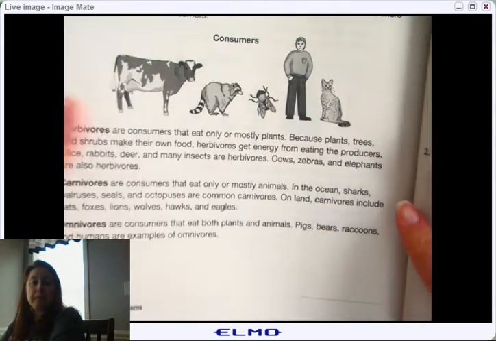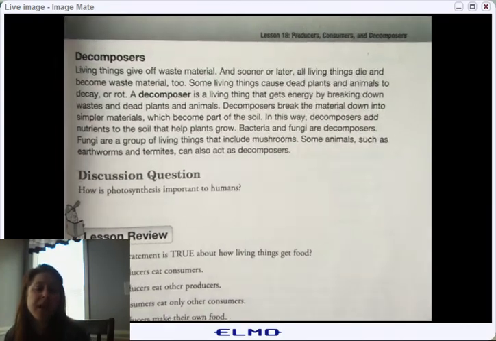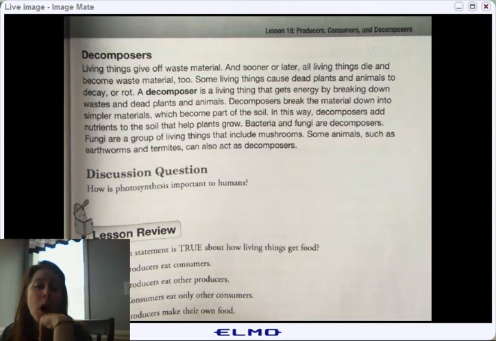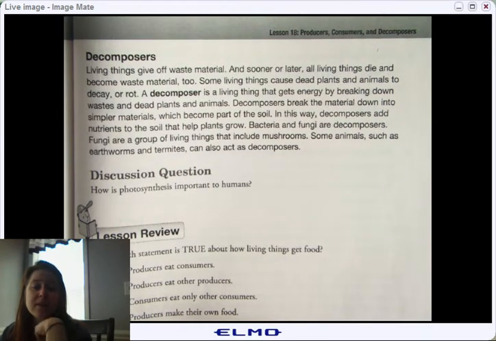Okay. On page 113, decomposers. Living things give off waste materials, and sooner or later, all living things die and become waste material. Some living things cause dead plants and animals to decay or rot. A decomposer is a living thing that gets energy by breaking down waste and dead plants and animals.